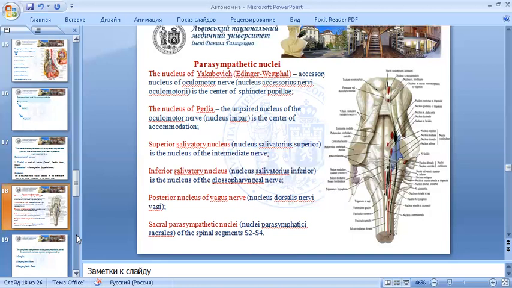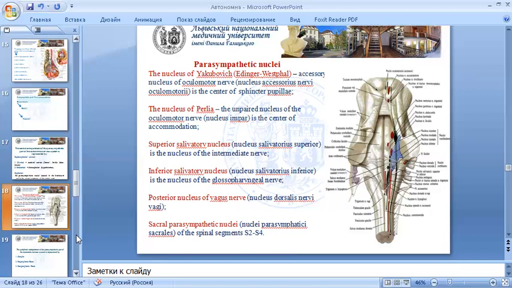One of the most important nuclei, related to the medulla oblongata, is the nucleus of our life, the center of our life. This is the posterior nucleus of the vagus nerve, nucleus dorsalis nervi vagi, which is related to the vagal triangle of the rhomboid fossa of the medulla oblongata. The nucleus dorsalis nervi vagi is responsible for blood circulation, heartbeat, respiration, and digestion. It is one of the most important nuclei.